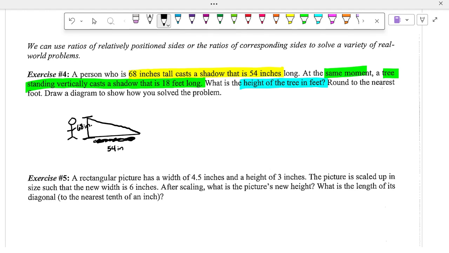We're assuming the shadow is directly on the ground, at a 90-degree angle. Now, at the same time, we got ourselves a tree. This tree stands at, we don't know, so that's X. But we do know that it casts a shadow. So some shadow of the tree, cast that shadow at 18 feet.